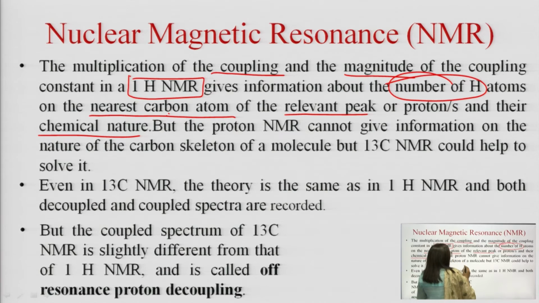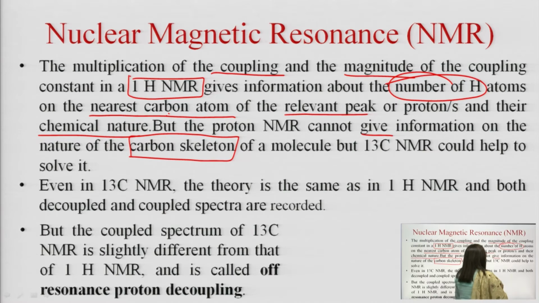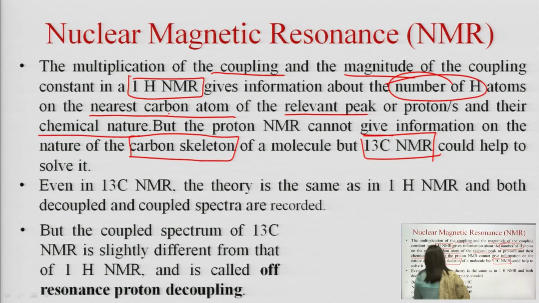But proton NMR cannot give any information about the nature of the carbon skeleton of the molecule. So, in that case we use 13C NMR, which could help us to solve this gap.